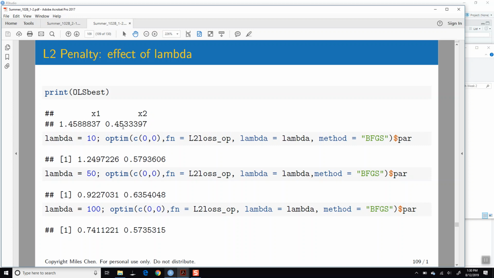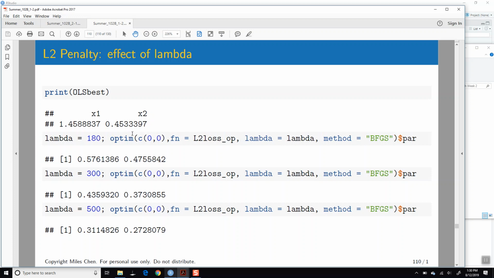It goes from 0.553, then up to 0.579, and higher to 0.635, and then it starts to come down to 0.573, which is still larger than 0.453. And then it keeps coming down: 0.457, 0.373, 0.272, okay? And at lambda 500, these just keep getting smaller.